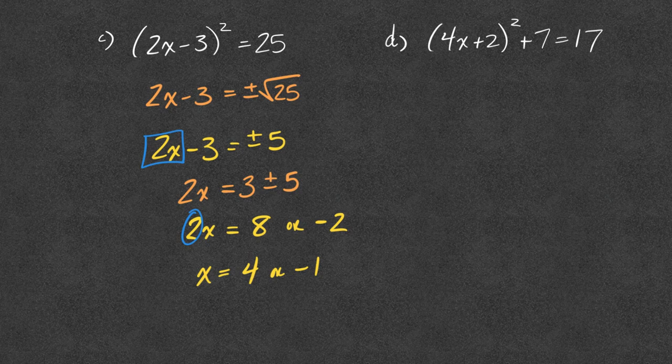I do want to draw your attention back to one line, though, and it's this orange one. Some people are not going to like writing down the gold line that follows. Rather, they would have liked to have isolated x before they dealt with the plus or minus. And so they may have chosen to put in a line where they said, well, I'm going to get rid of my times by 2, so I'm going to divide by 2 right away.